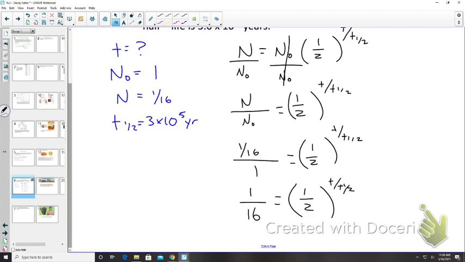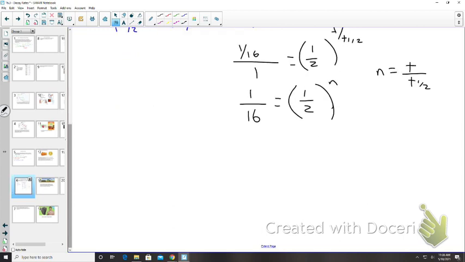Now, to solve for that variable, we need to ask ourselves, how can we get 1 over 2 to have an identical base to 1 over 16? So I'm just going to say N is equal to T divided by T half. I'm just going to change that for an N. So what value of N will make my 1 over 2 bracket equal to 1/16?